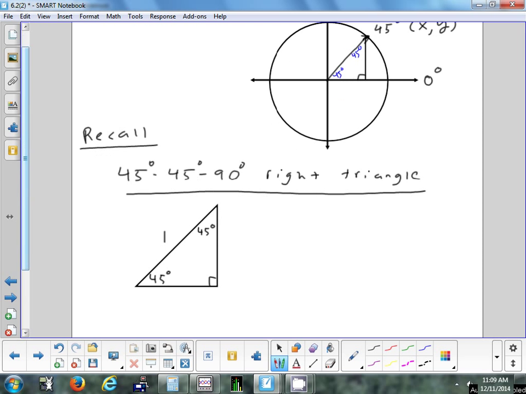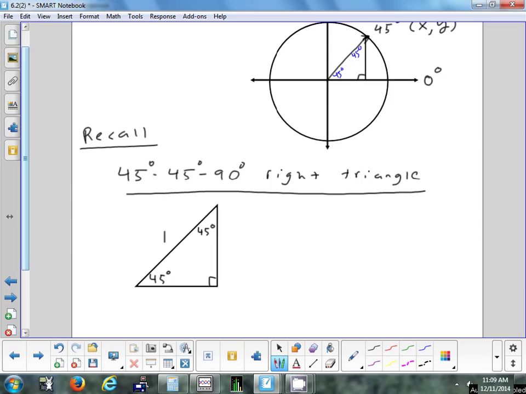Now, we don't know the base and we don't know the height, but we know that they're what? If you compared them to each other. James, the base and the height of this triangle? It's isosceles. They're the same. The base and the height in this triangle are the same, right?